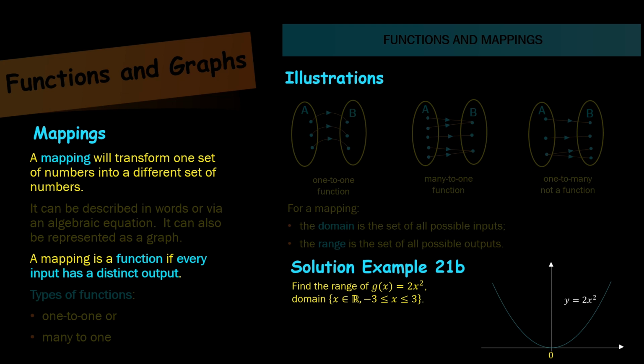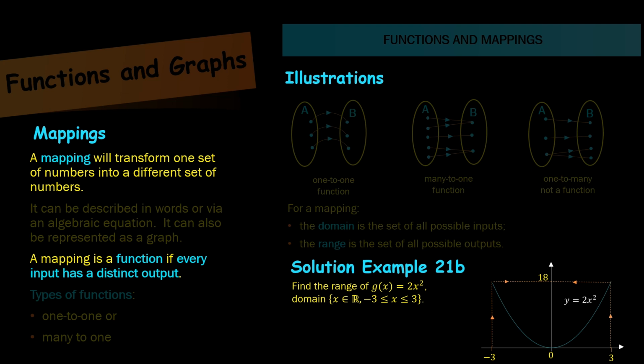We of course have x in the real numbers and x between minus 3 and 3. The value 3, as shown in the graph, is mapped to the same value that minus 3 is mapped to. And this value is 18. 2 times 3 times 3 is 18, and also 2 times minus 3 times minus 3 is also 18.